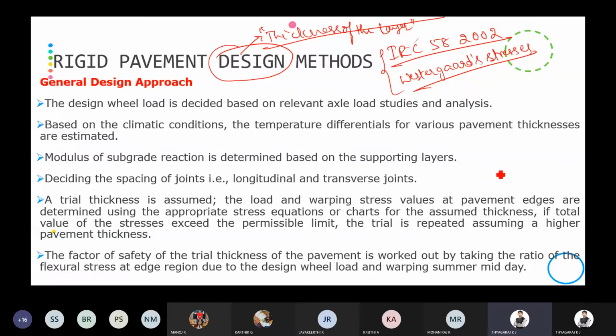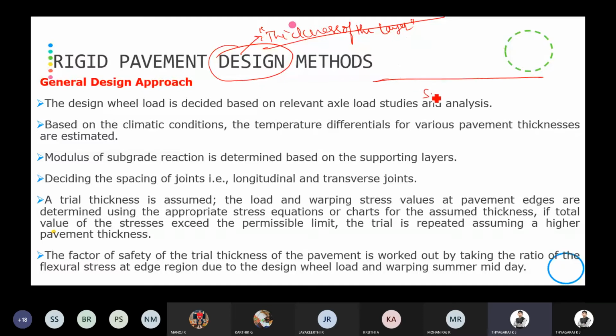A pavement consists of two or three layers. The first layer is the subgrade soil, above that there will be a GSB, above that a base course, and above that the pavement quality concrete.